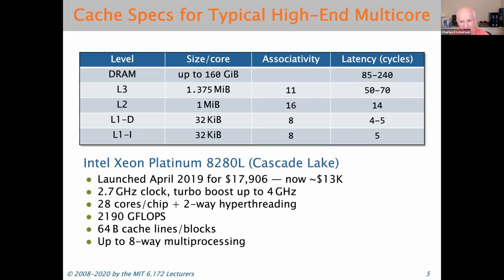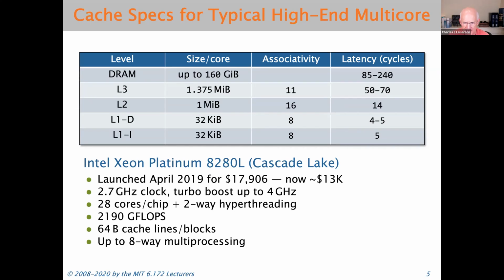It moves things around in cache blocks, which pretty much on all Intel machines is 64 bytes long. If the data is close to the processor, it's in L1 cache, it takes 4 or 5 processor cycles, or about 1.5 or 2 nanoseconds to fetch it.